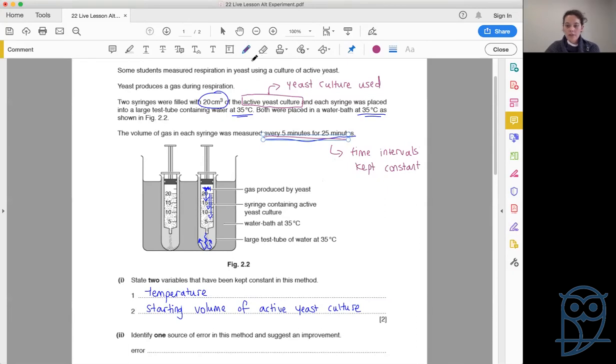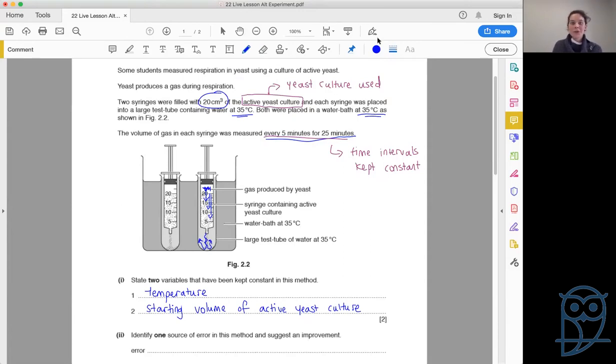So the question has come through about whether we would lose marks if we didn't mention the fact that it is a starting volume of, and specifically, active yeast culture. So the sort of bare minimum would be volume of yeast. But the thing is that when we're doing questions like this, what we want to do is aim for that full descriptive so that we get in the habit of building that, looking in detail at what it is we're studying. And what we're studying here is not just yeast, okay? Because just yeast is not going to do anything.